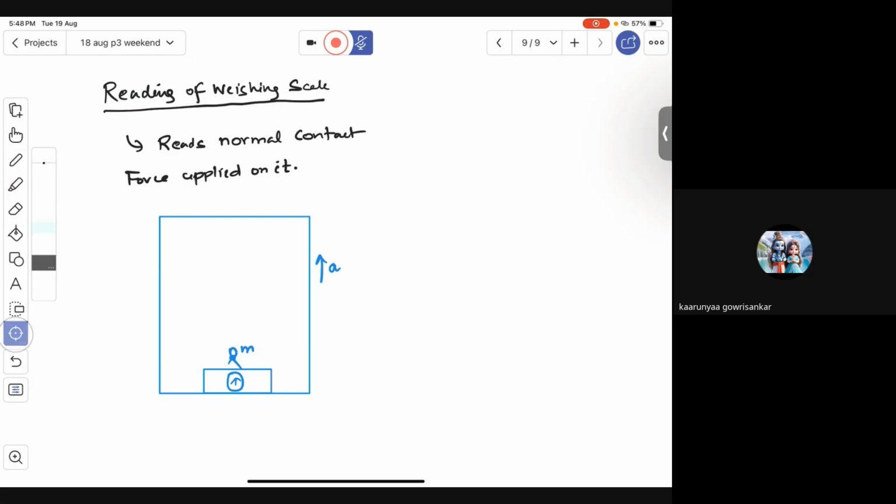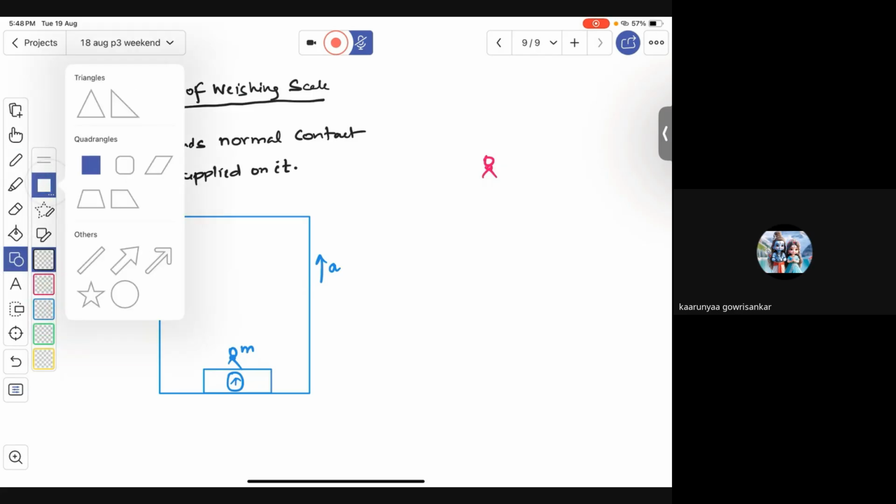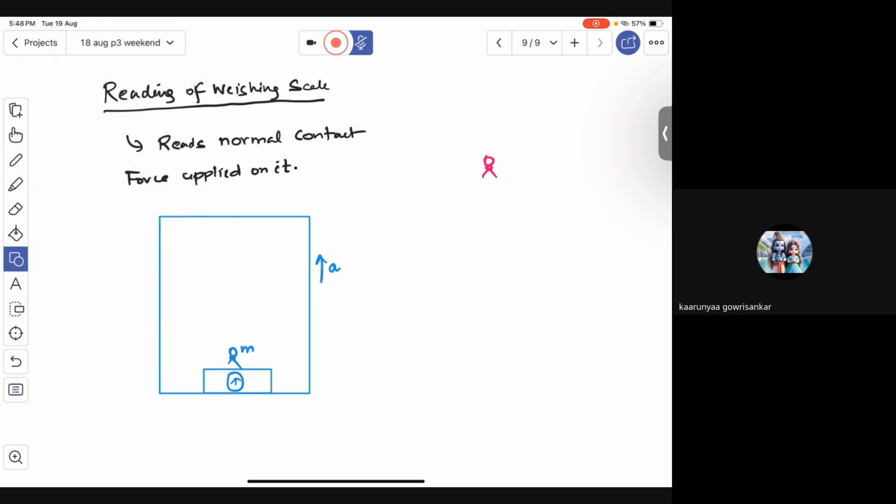So what we have is a lift going up with some acceleration a, and there's a person standing on a weighing scale which is placed on the floor of this lift, and we have to find the reading of this weighing scale. So the forces acting on this man: one will be the normal contact force acting on him from below.